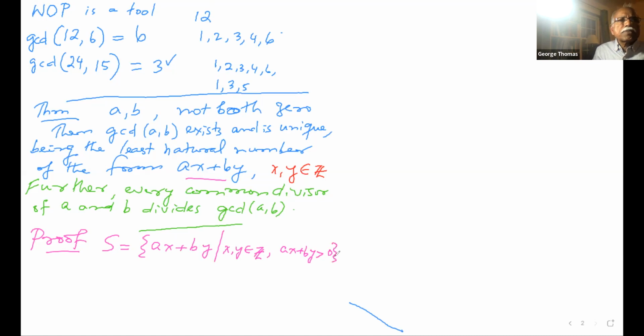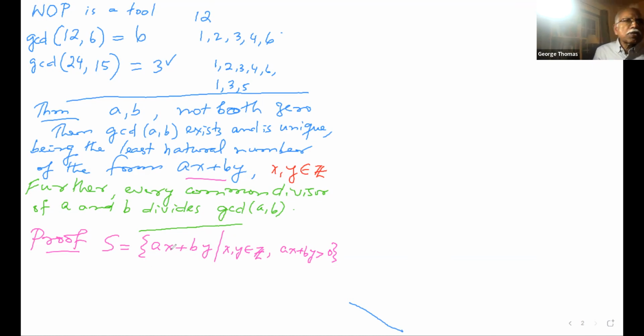Don't be afraid of this. I am going to show that this set is not empty, therefore it has a smallest element. That smallest element happens to divide both A and B. Not only that, it is the biggest such divisor. That is beautiful. Luckily, the proof of this is not long like yesterday. We don't have to work that hard.